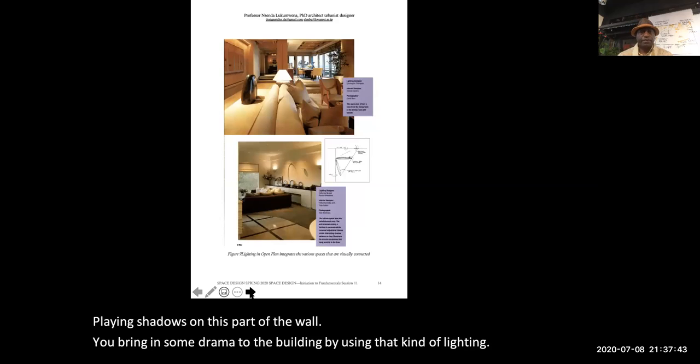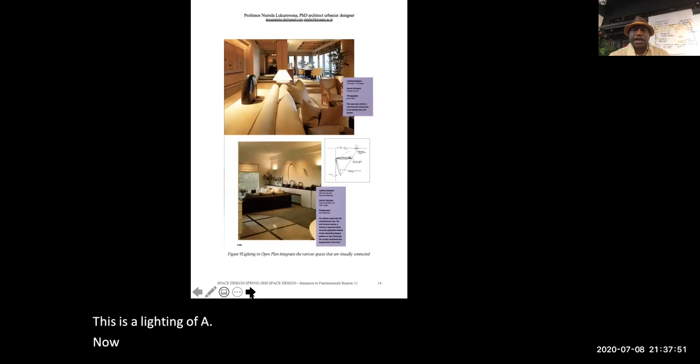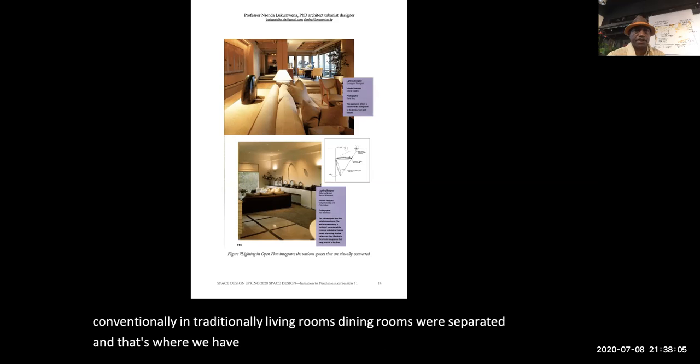This is a lighting of an open plan home. Nowadays, as opposed to how it used to be conventionally and traditionally, living rooms and dining rooms were separated, and that's where we have the concept of living room and dining room. Today, it's no longer the case.